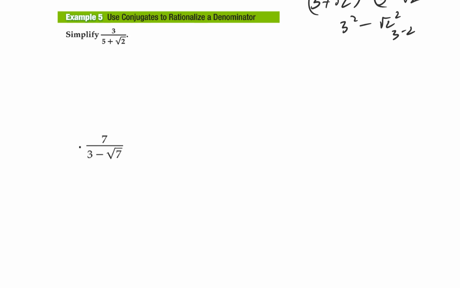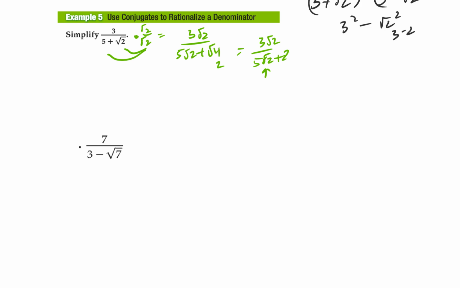See, something like this. If we try our old rule, and we're like, let's rationalize this, multiply by rad 2 over rad 2. Look what happens. On top, 3 rad 2. On the bottom, you got to distribute all the way. You get 5 rad 2 plus rad 4, which is just 2. So I get 3 rad 2 over 5 rad 2 plus 2.